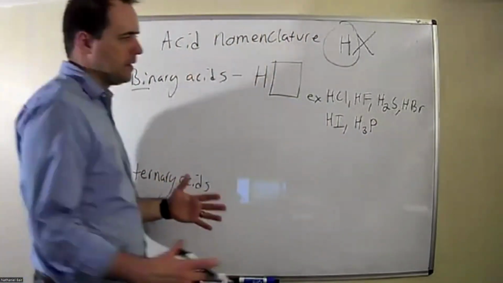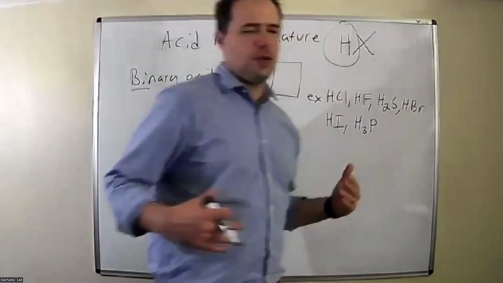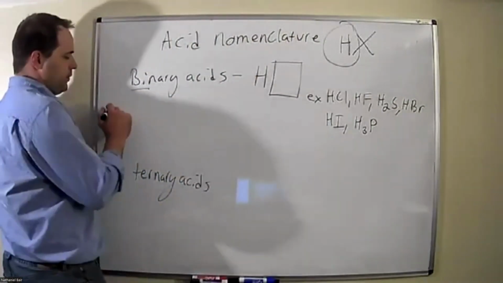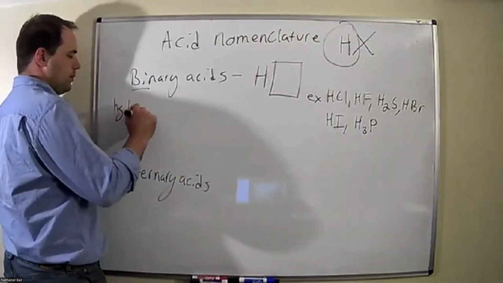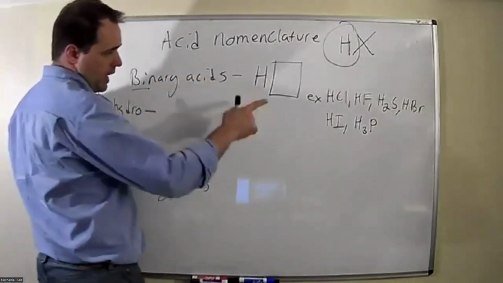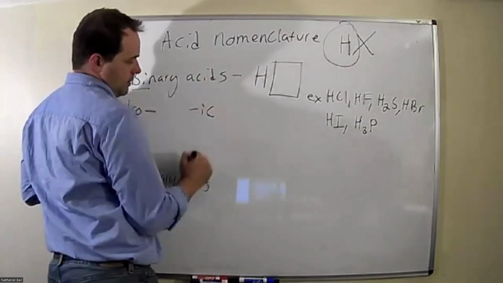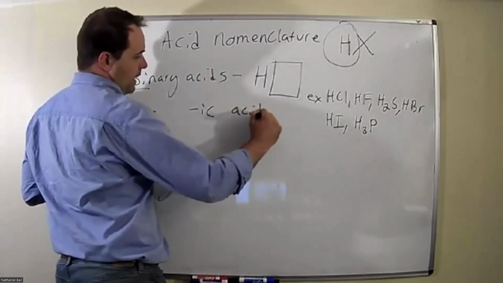Those are binary acids: hydrogen and one other element. When we name binary acids, we use the prefix hydro. We change the ending of the element to ic, and we throw the word acid on the end.